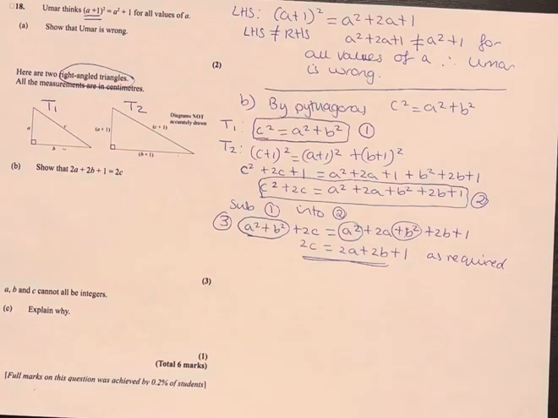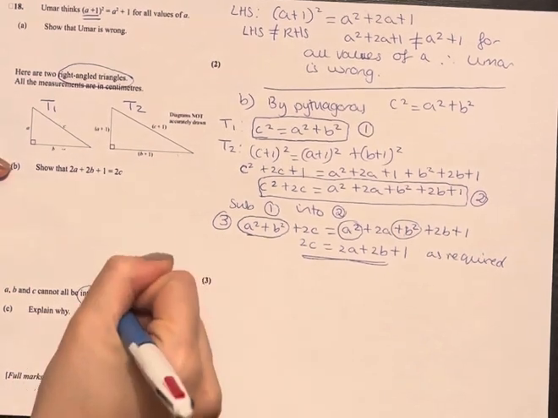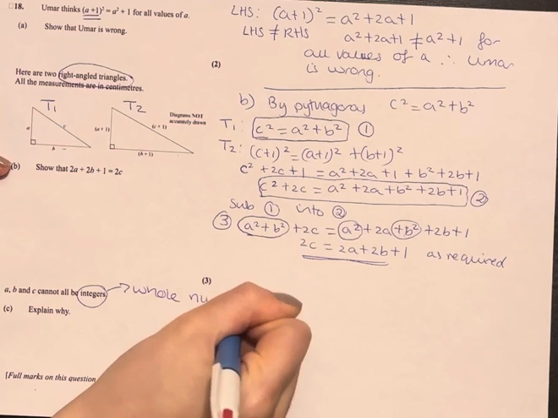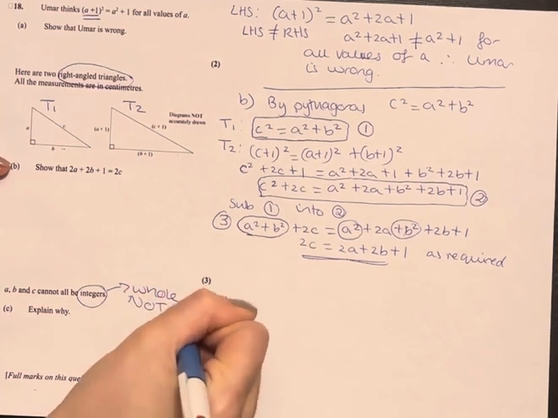Okay, so part c, a, b and c cannot all be integers. Explain why. First of all, what is an integer? So that is a whole number, and so it's not a fraction.